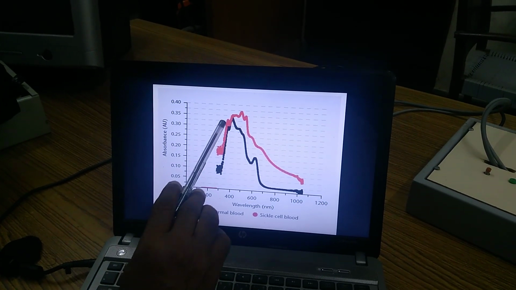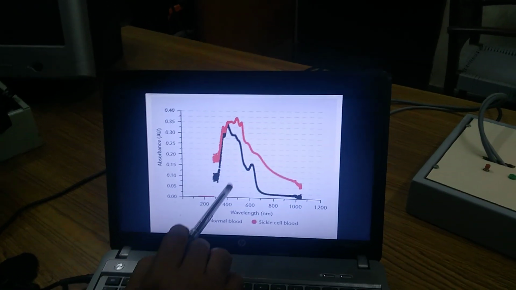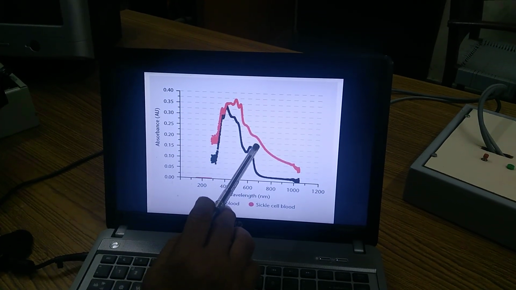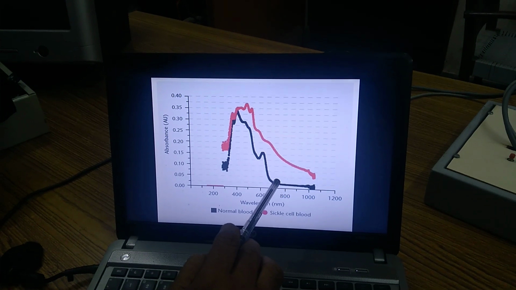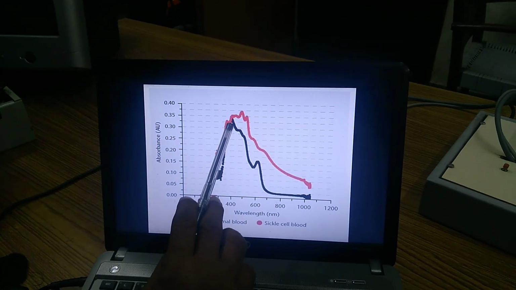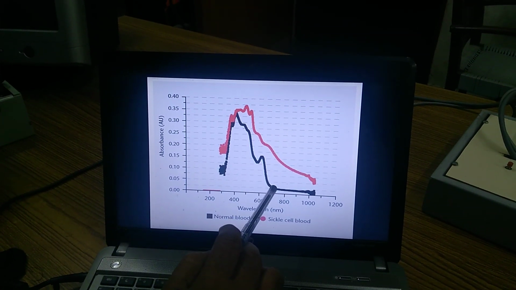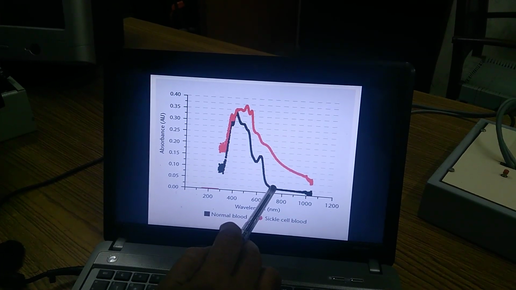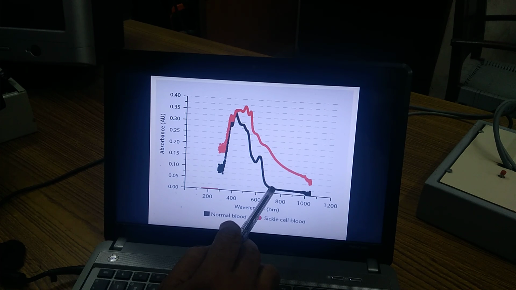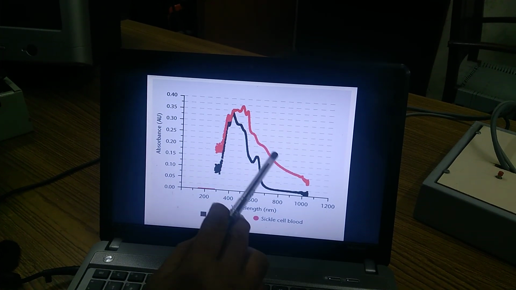Here we have identified one particular wavelength around 430, and another wavelength around 720. If we observe the ratio, that of the normal blood is very high when compared to the sickle cell.